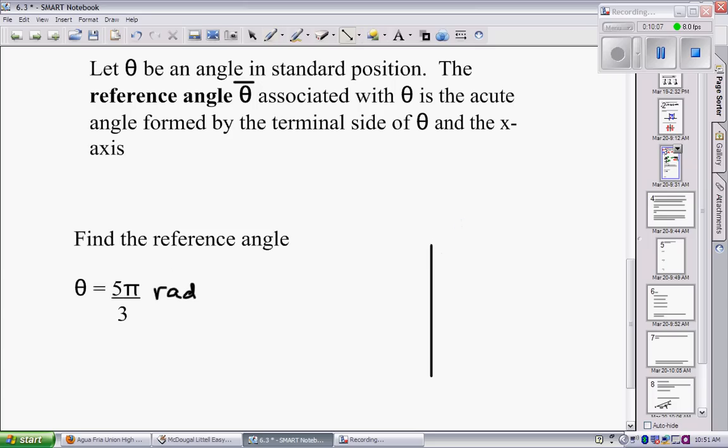So we need to mark it on the unit circle. Where will it fall? 5 pi over 3 is bigger than 1 pi, but not quite 2 pi. So here's pi over 2, here's a full pi, 3/2 pi, and we stop here.